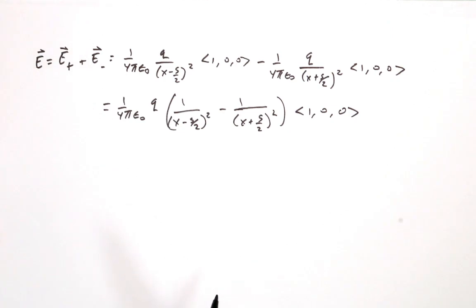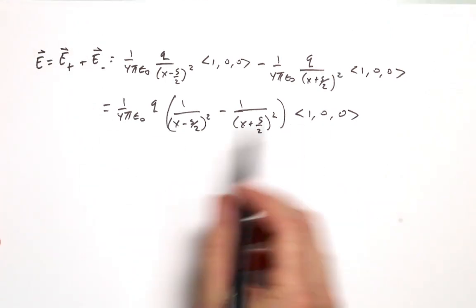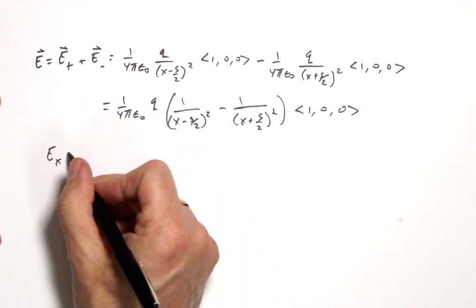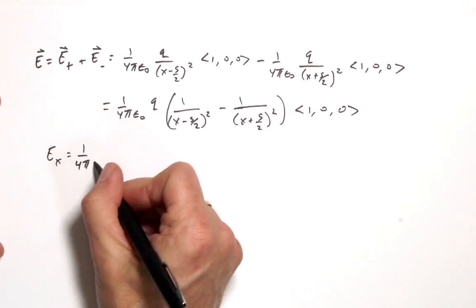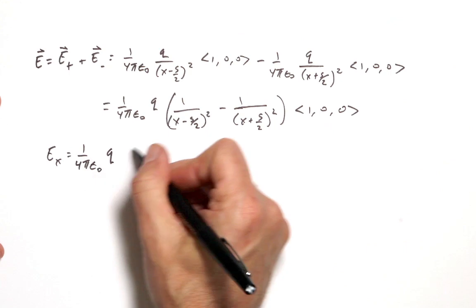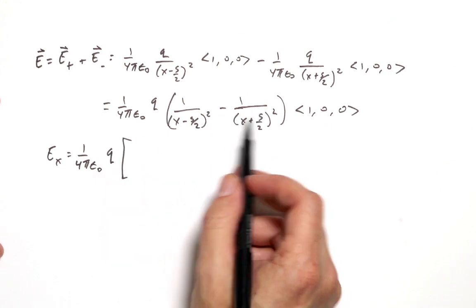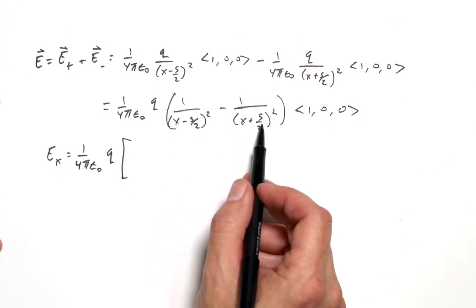So now I only care about the x component, so let's just consider Ex. Ex is going to be equal to 1 over 4 pi epsilon naught Q. Now I have this stuff. Okay, I want to get a common denominator here. So this is x minus s over 2 squared, and this is x plus s over 2 squared.